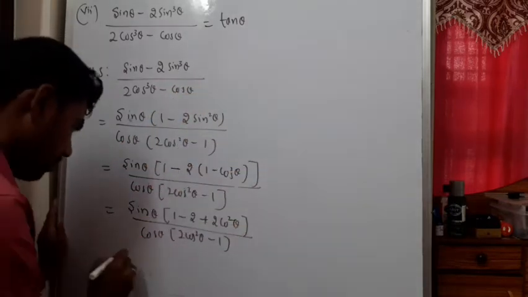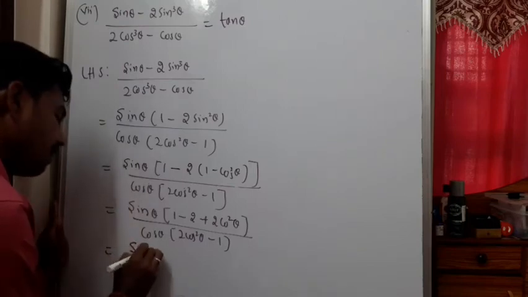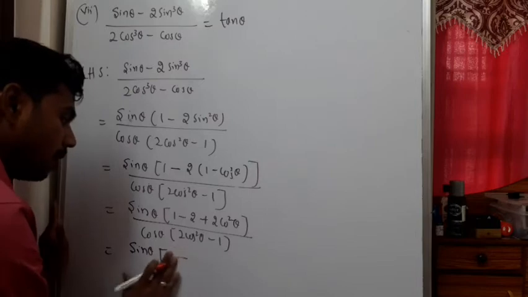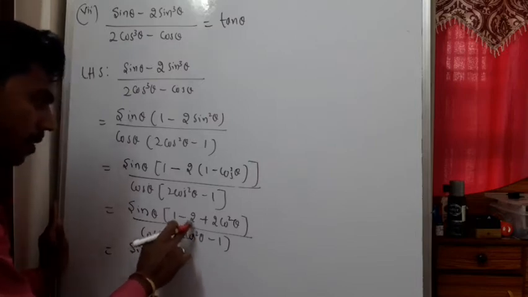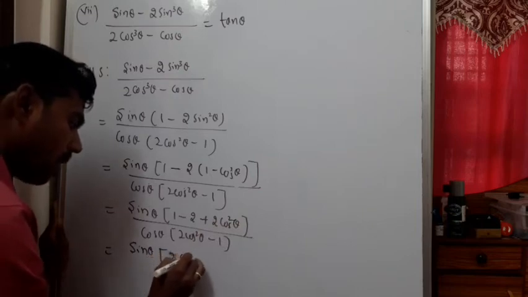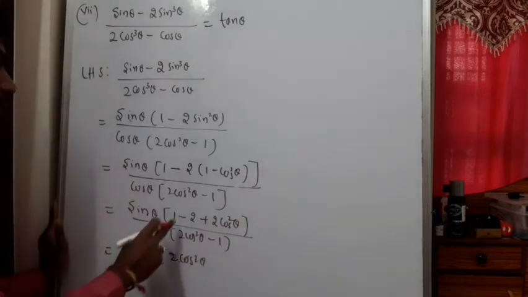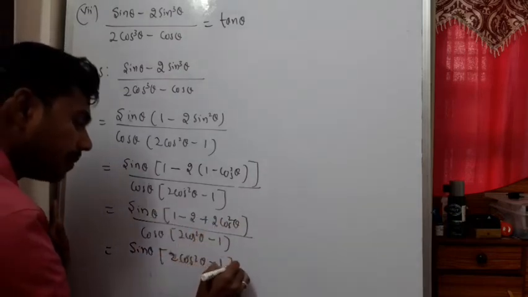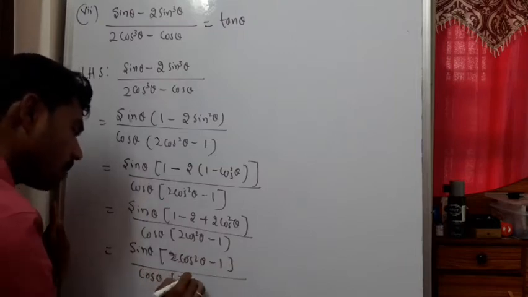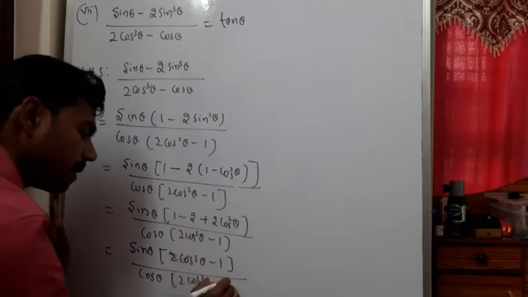Okay. Now, sin theta into (1 minus 2 plus 2 cos square theta), the 2 cos square theta I'll write as it is. 1 minus 2 is nothing but minus 1, so we get (2 cos square theta minus 1) divided by cos theta into (2 cos square theta minus 1).